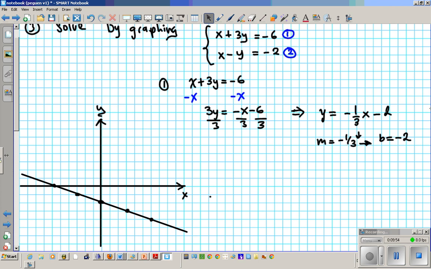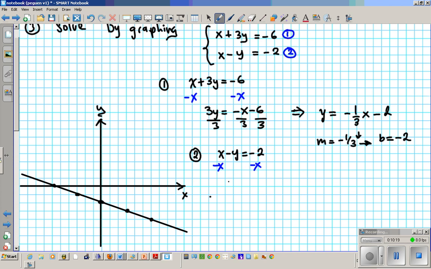So we're going to apply the same process to generate line number 2, okay? For line number 2, we have x minus y equals -2. For this one to get y by itself, we subtract x and divide by -1. So subtract x.